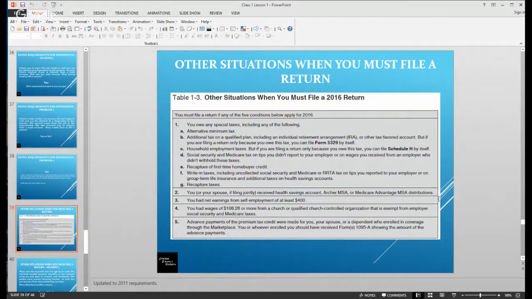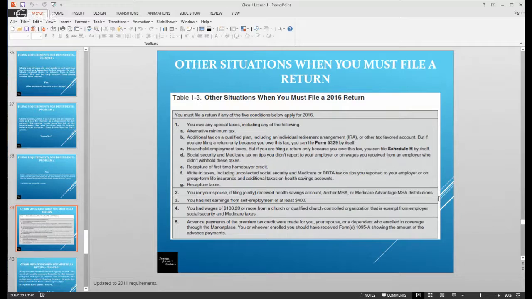Some of the special taxes could include the alternative minimum tax, any additional tax on qualifying IRA plans, household employment taxes, Social Security or Medicare tax on tips that you didn't report to your employer, recapture of first-time homebuyer credit, any write-in taxes, including uncollected Social Security and Medicare, and any recapture taxes.